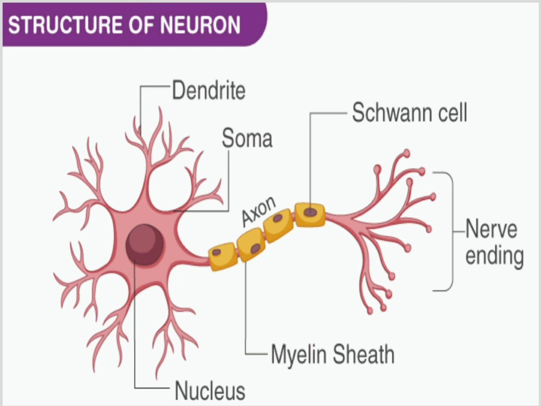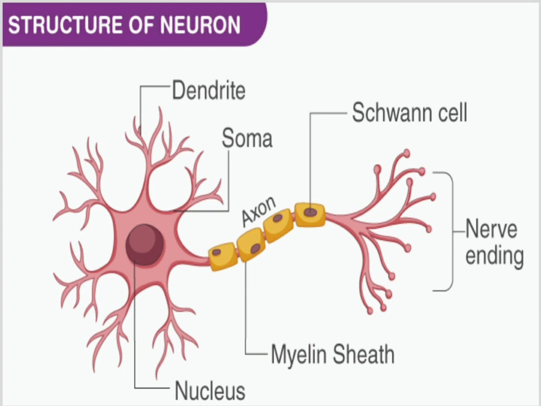Now your neurons or the nerve cells are very special type of cells, and they pass on information from one part of your body to the other. They are like messengers. They pass on information from one part to the other. And you can also say that the neurons are the structural and functional units of the nervous system. They are the main basic part of the nervous system.